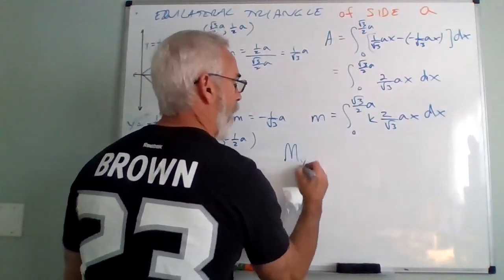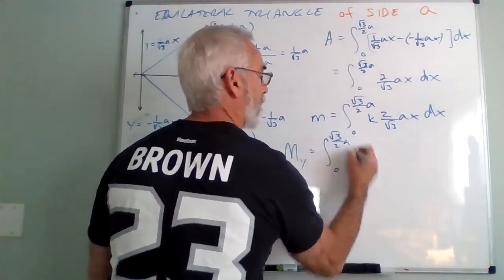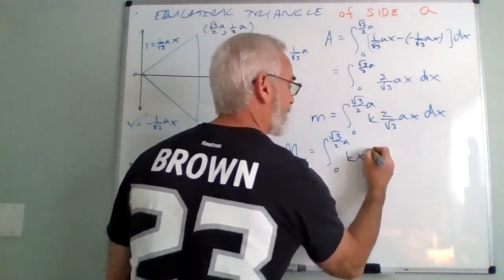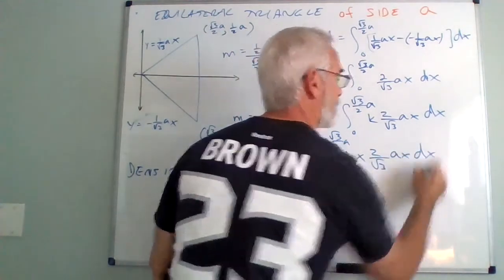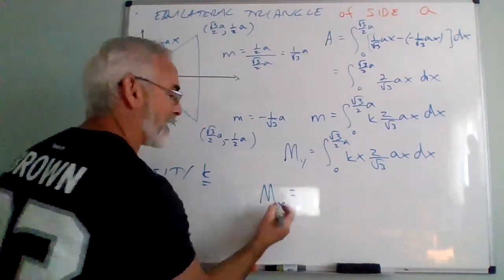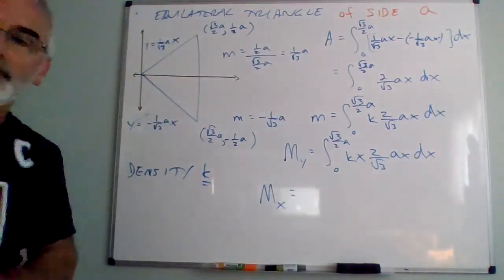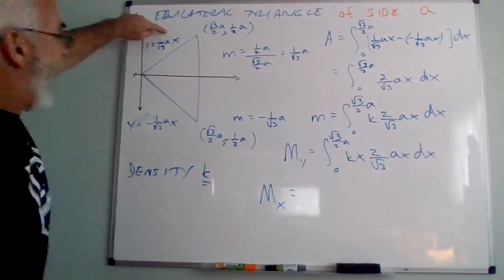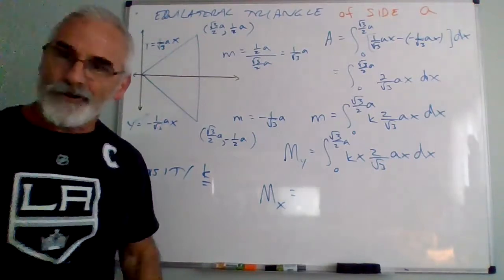My moment to the y-axis will be kx 2 over root 3ax dx. And then my moment to the x-axis, now this is going to be a little bit tricky. Remember, I want to take half the sum, but when I add these together, I'm going to get 0.